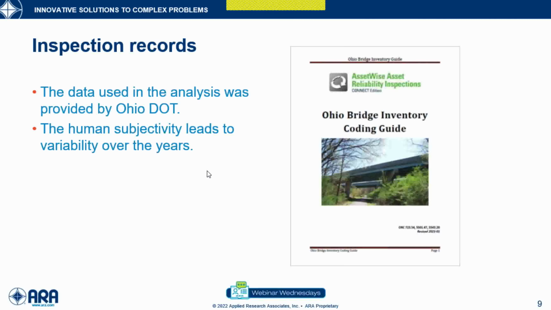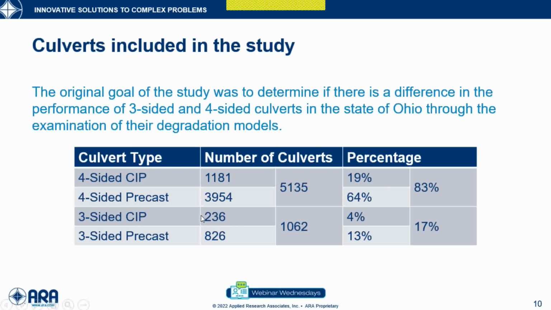The numbers can vary. For example, the 4-sided cast in place are very limited. The 3-sided cast in place are very limited in presence. However, each category had a sufficient number of culverts to perform the models. So the accuracy or the validity of the models may slightly differ, but we think that the number of culverts under each type is sufficient to perform that analysis.